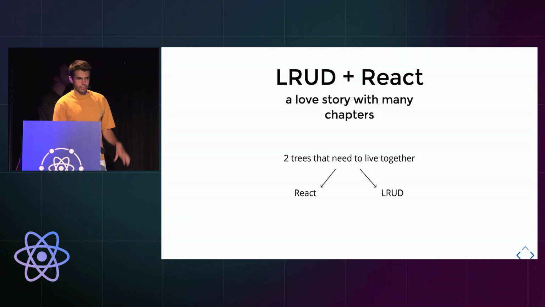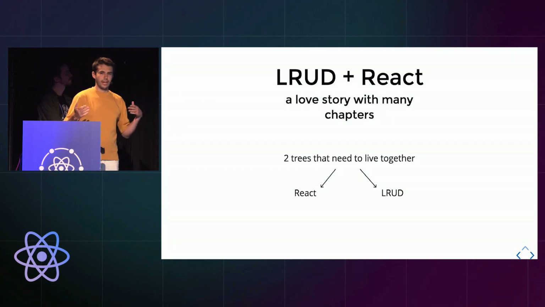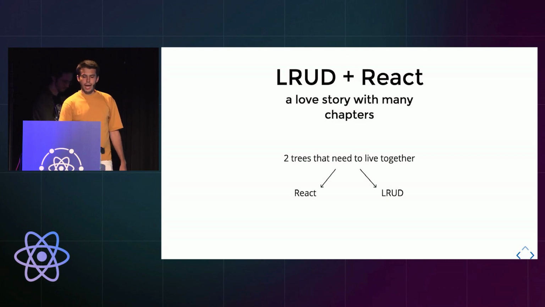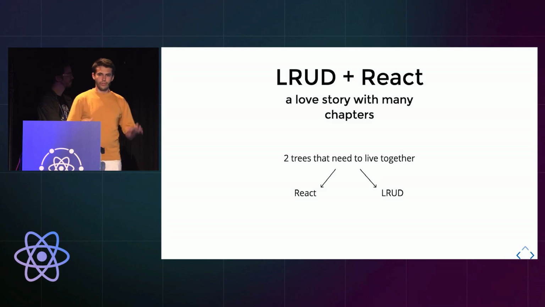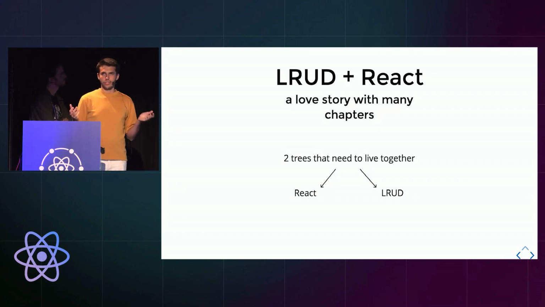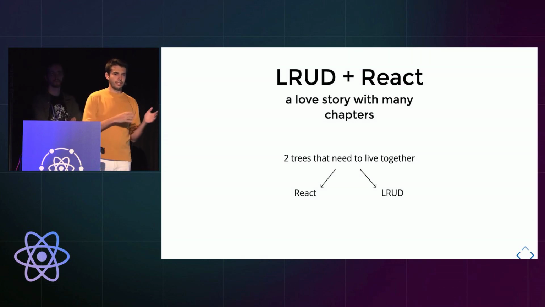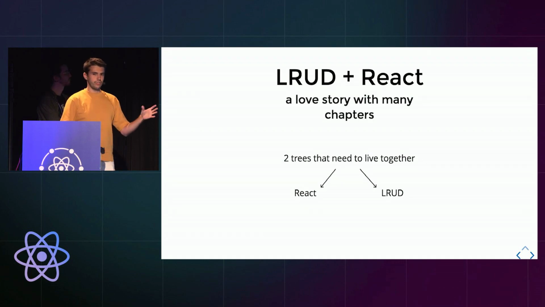And so this imperative logic that Pierre showed with the Lrud register node, we actually want to abstract this inside the declarative components, the nodes I showed you earlier. So this way, when a node is created for React, we want to call this imperative logic and to register the node inside Lrud.